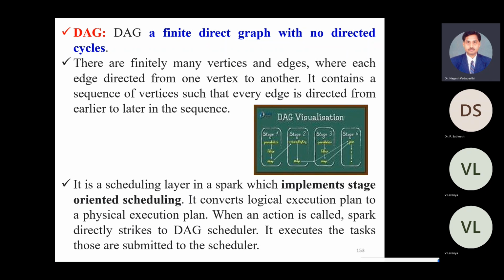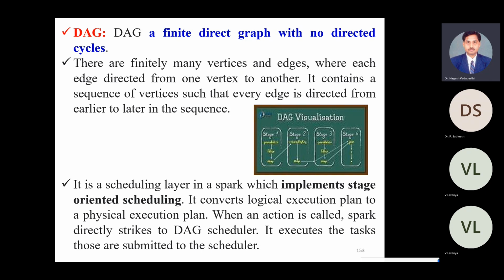If you see the DAG visualization graph, there are stage 1, stage 2, stage 3, stage 4. That means in every iteration, the file is loaded from the hard disk into Spark, written once and read many times. Stage 1 is the first iteration, stage 2 the second, stage 3 the third, and stage 4 the fourth.